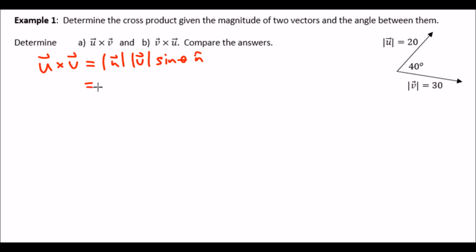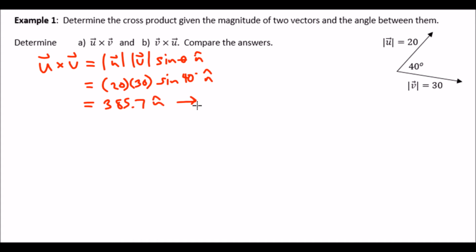So here I'm going to have 20 times 30 sine of the angle between them as they are tail to tail. n hat, we'll figure out n hat at the very end, so this is going to be equal to, put this in my calculator, I get 385.7 n hat.